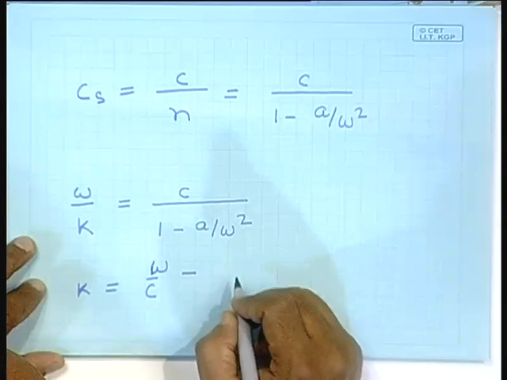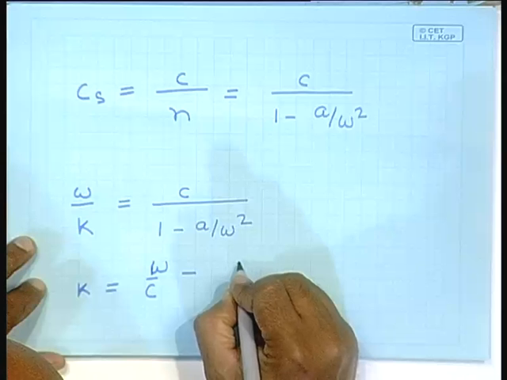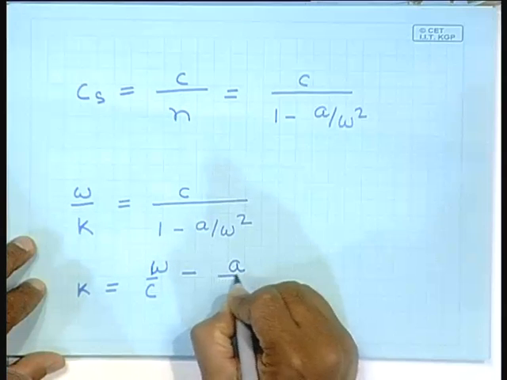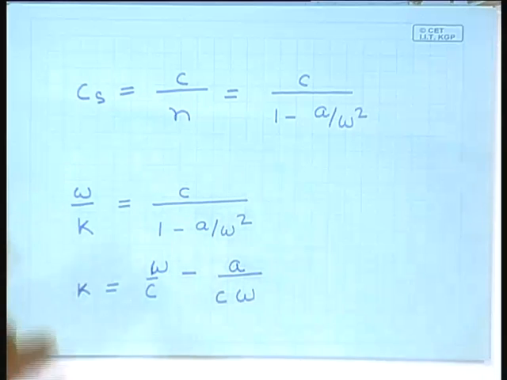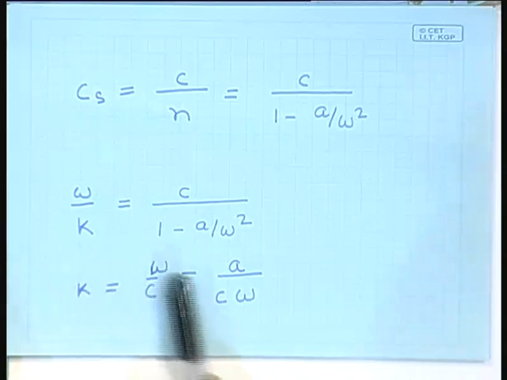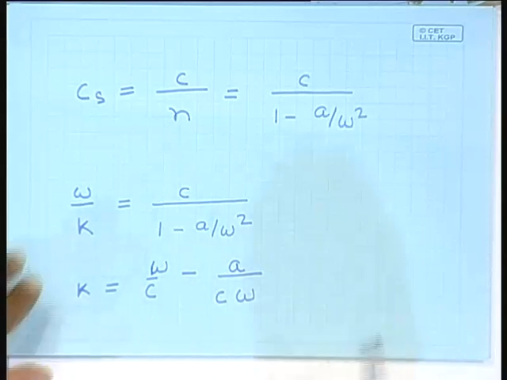The factor of a will come on top, a by c omega, right. So, that is the value of the wave number in terms of the angular frequency.